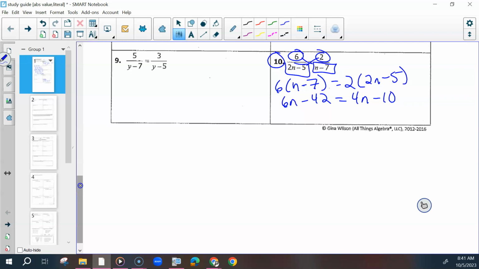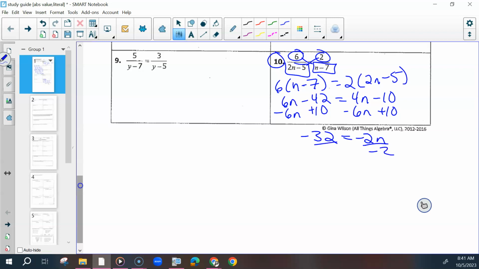We have choices. What do we want to move? If we're subtracting 6n to the other side, we have to add 10 back over. We have negative 32 equals negative 2n.